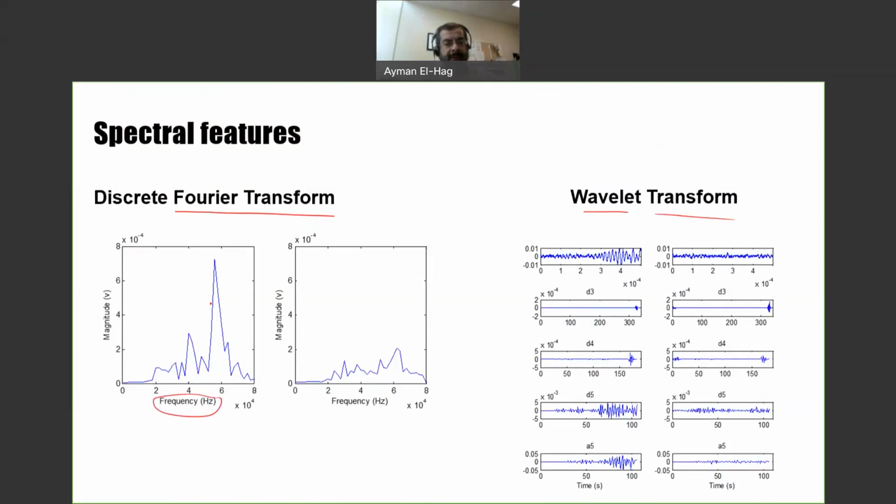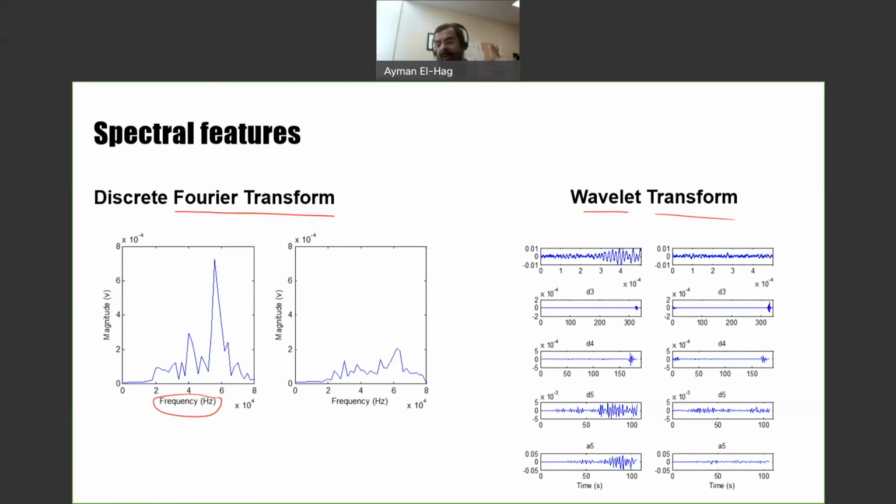And you have here many signal components at different frequencies. And the wavelet is different than the Fourier transform, where you have the time-frequency information. I don't need to go into details in this, because we can have a different tutorial talking about the wavelet, what it basically means, and how we can use it in our classification problem.